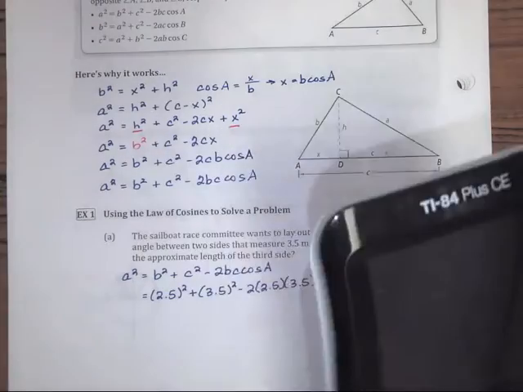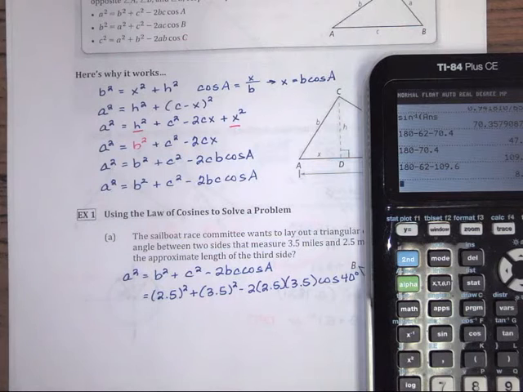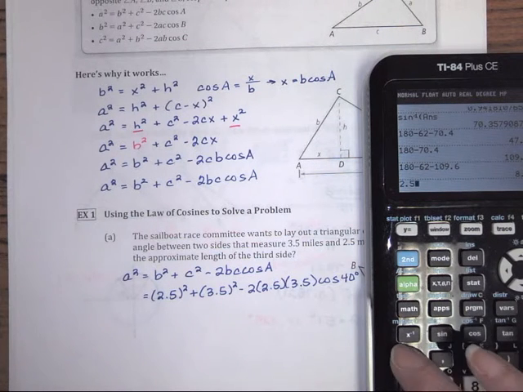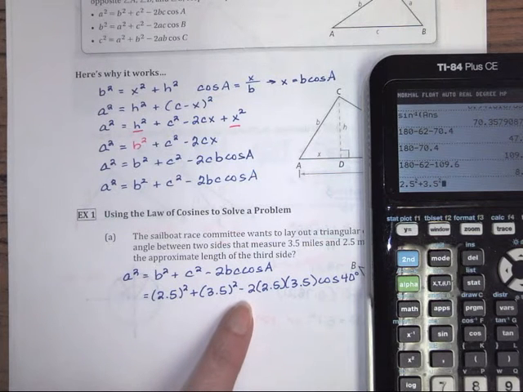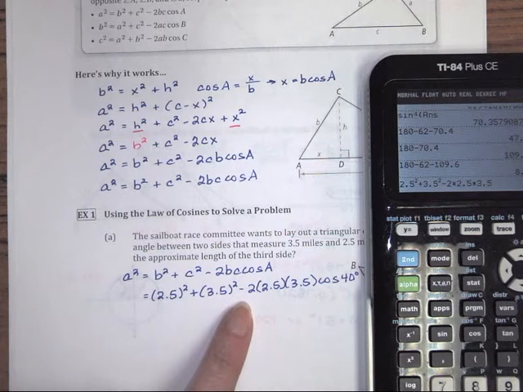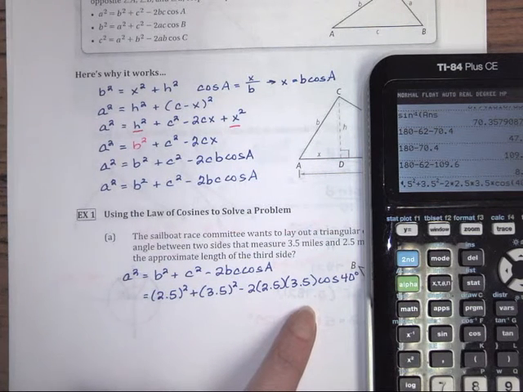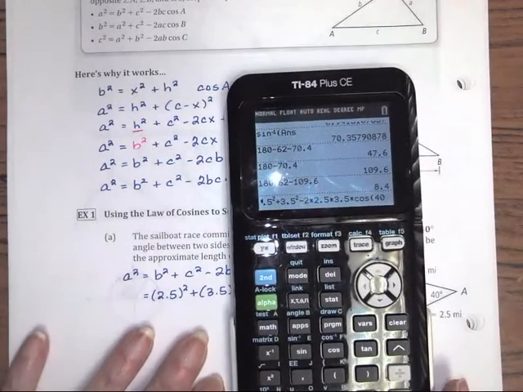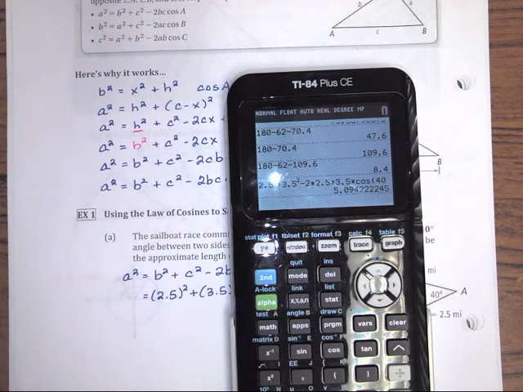I'm going to have to cover up part of this in order to do it. All right, so 2.5 squared plus 3.5 squared minus 2 times 2.5 times 3.5. You can put the parentheses in there as an alternative, and then times cosine 40 degrees. Make sure you're in degrees, not radians, when you do this. So here is everything that I need to have in there, and I'm going to click enter.